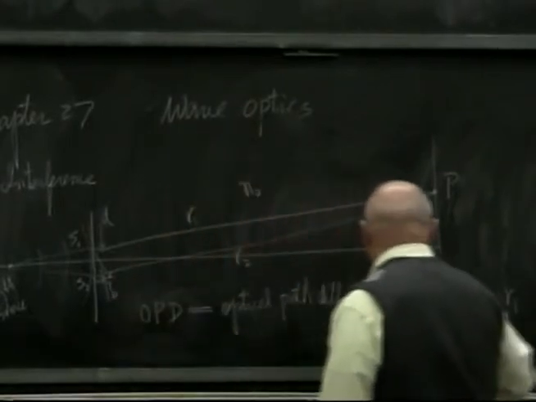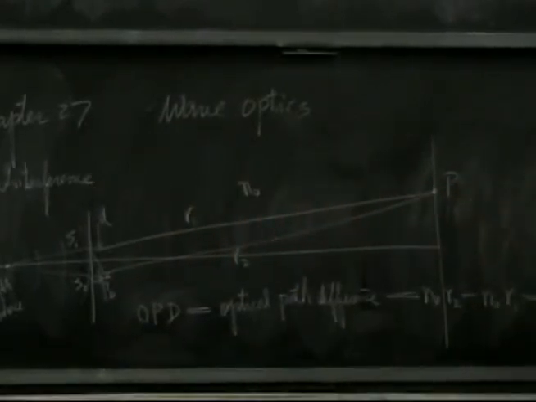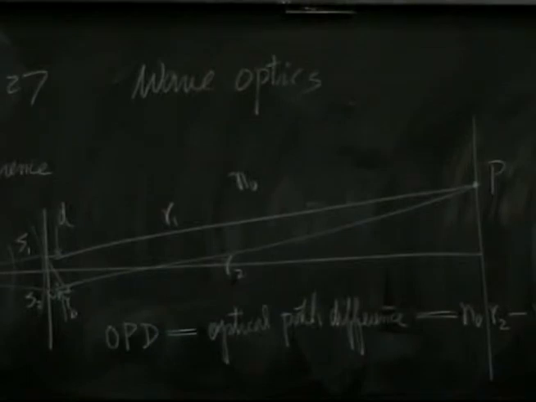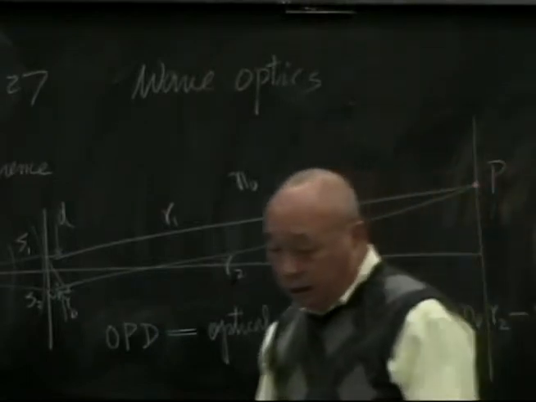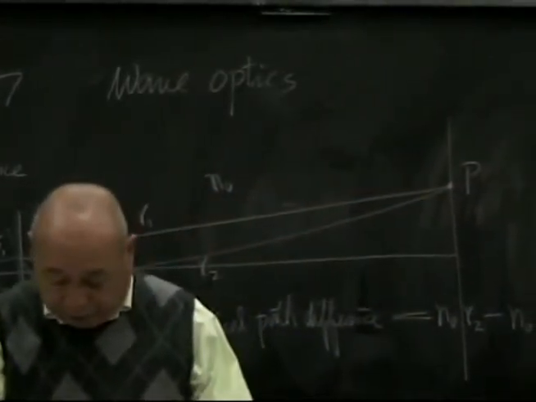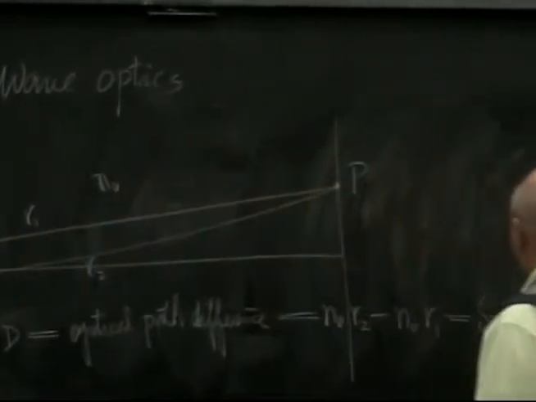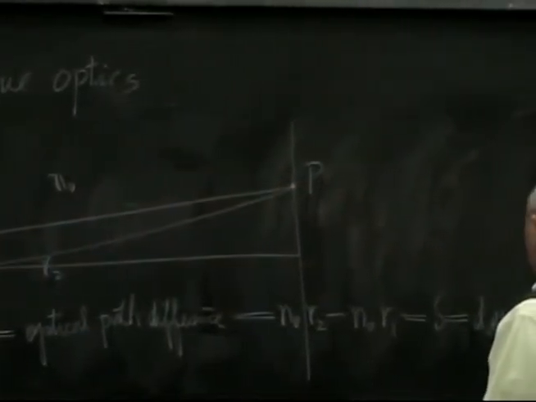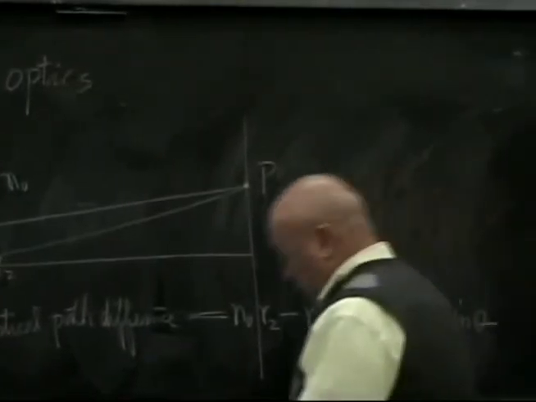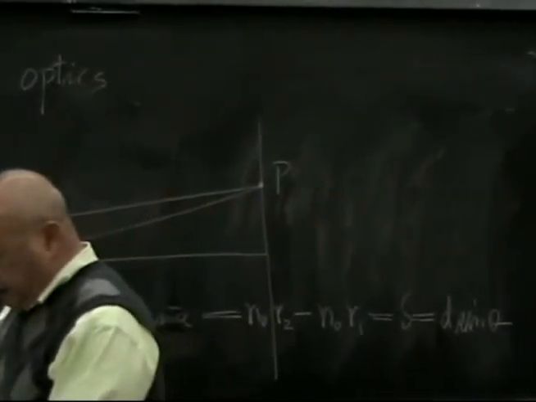Based on this optical path difference, you can find out this is perpendicular, and this is the optical path difference, delta. That is equal to delta, and that is related to d times sine theta. This is the key.